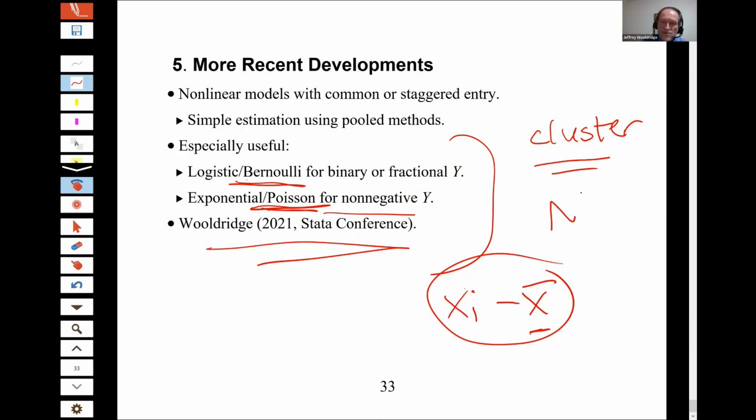If n is reasonably large, we just cluster our standard errors at the cross-sectional identifier. If you cluster at the cross-sectional identifier level, that accounts for any kind of serial correlation, it doesn't cause any bias, and it accounts for heteroscedasticity.